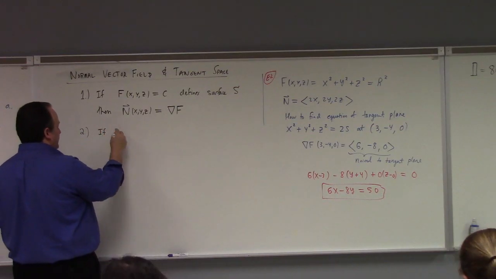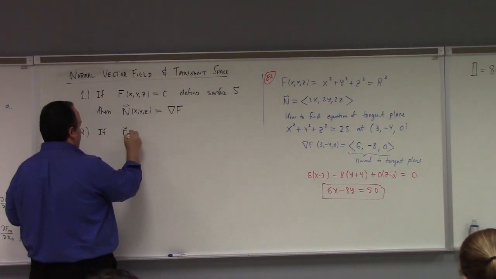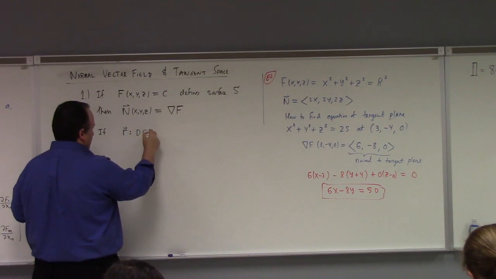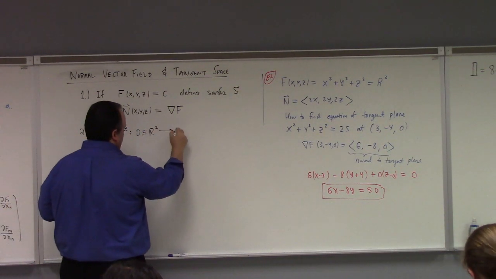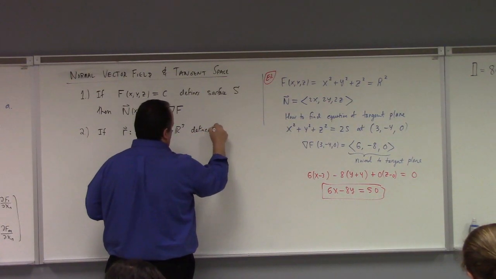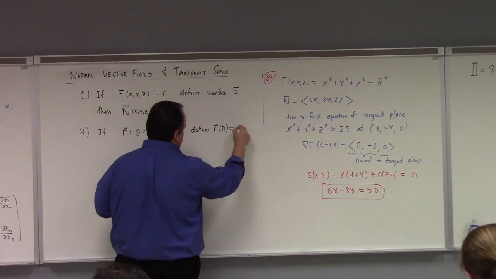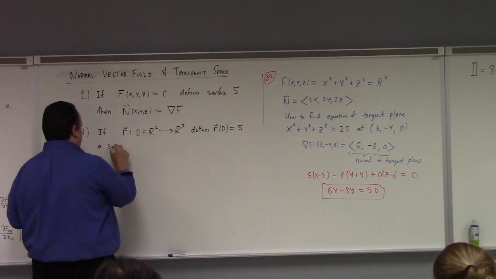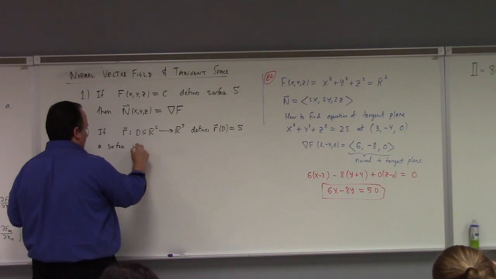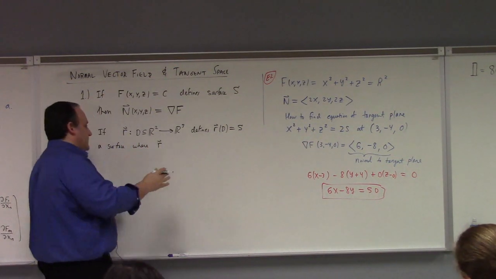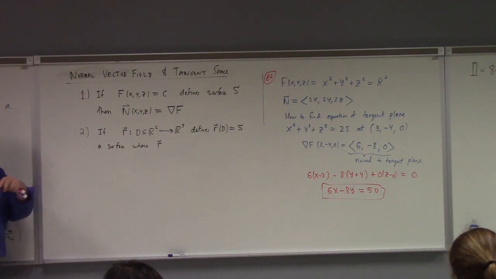If we have, let's say, R, a mapping from some subset of R2 to R3, defined so that R of D equals S, a surface, where we'll use, you've got your choice, I usually use u and v.